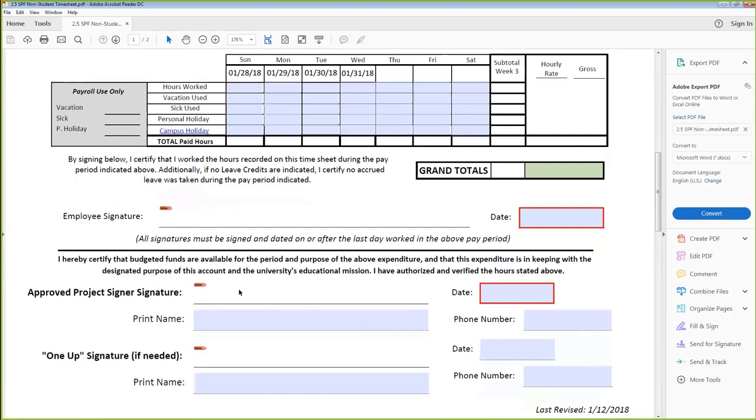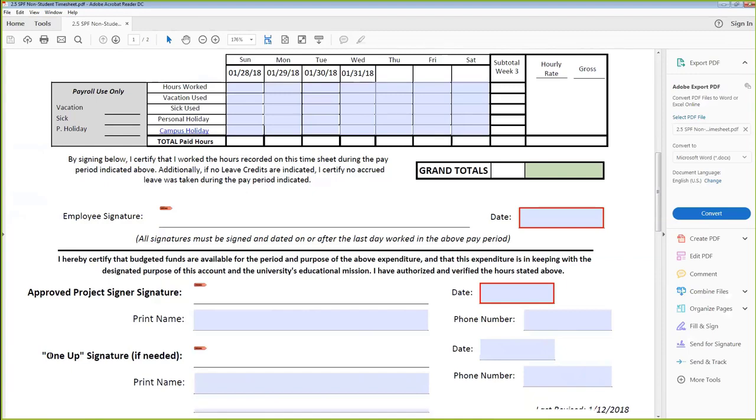let's see, if this was someone in our office like Ann Johnson-Stromberg, she could sign as the employee, and then the approved project signer could be myself or Kristen Johnson, our director. And then we would not need a one-up.